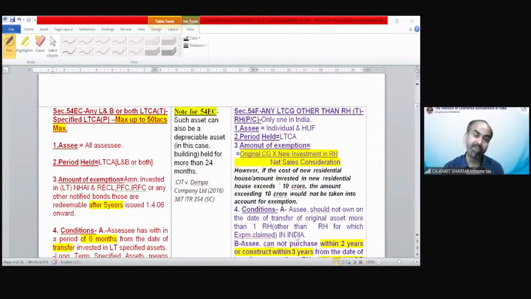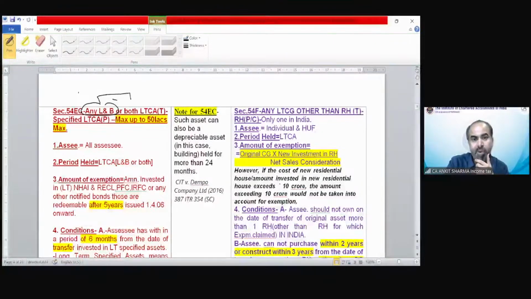54EC and 54F are different from the earlier three exemptions. There are some differences in the nature of these exemptions. Now we will transfer something and purchase something else. Let's see. 54EC says any land and building or both, that means immovable property, but it should be long term.